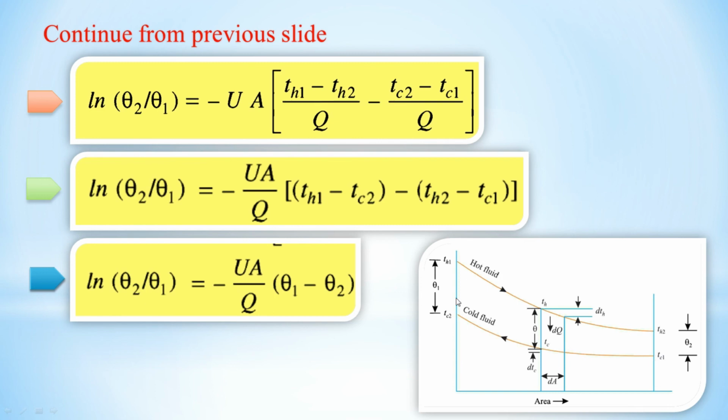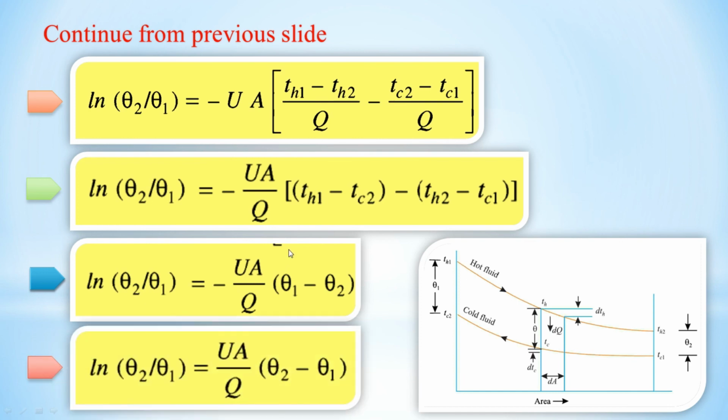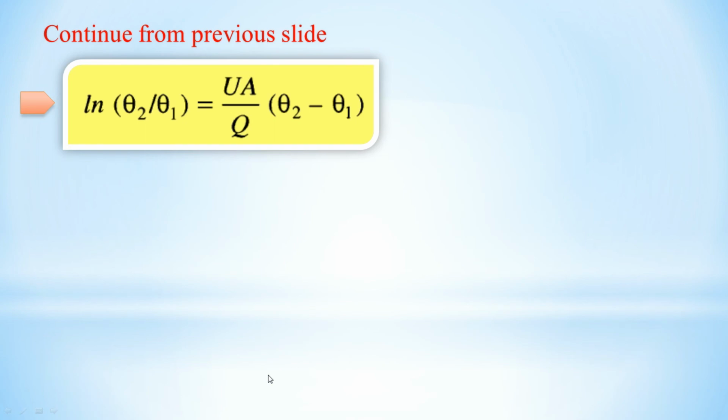So put the value of theta 1 and theta 2 from this diagram in this equation. So this minus term is multiplied with this bracket, so it is rearranged, theta 2 minus theta 1. So ln theta 2 by theta 1 equal to UA divided by Q into theta 2 minus theta 1.